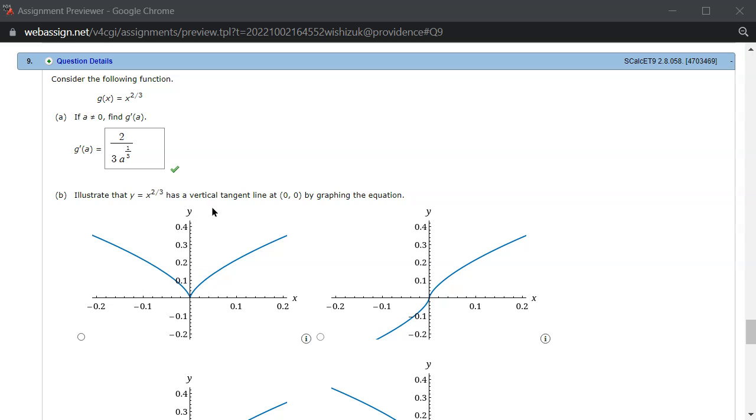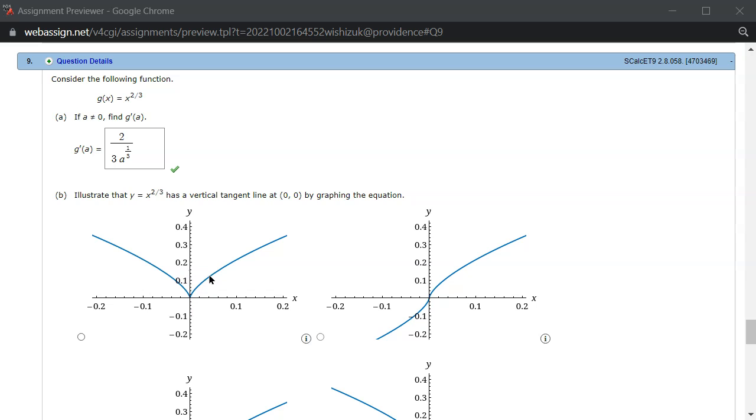Then it would have a vertical tangent line at the origin. You can see that the slope of the tangent line on the left is negative, and as it gets closer to 0 it gets more and more negative, and eventually it becomes negative infinity.